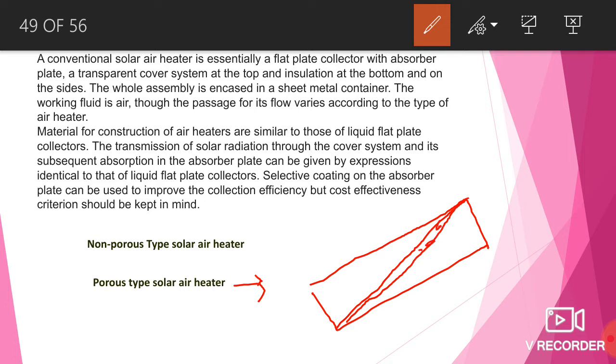This is the matrix. Again there will be insulation. So the overall diagram will be like this.